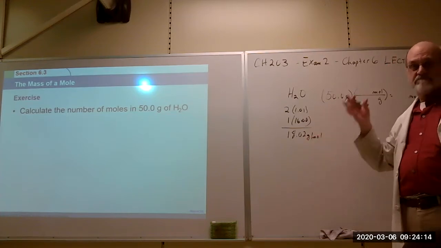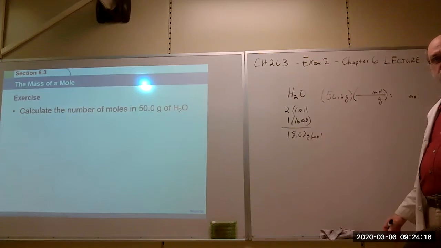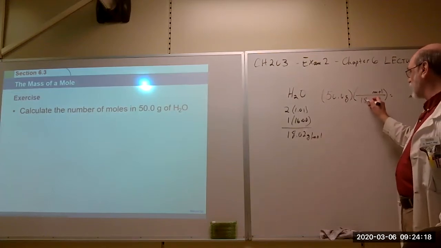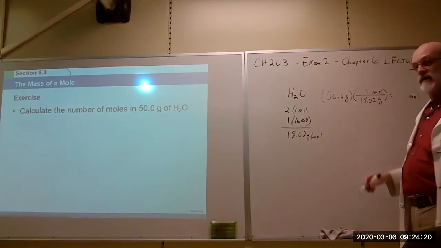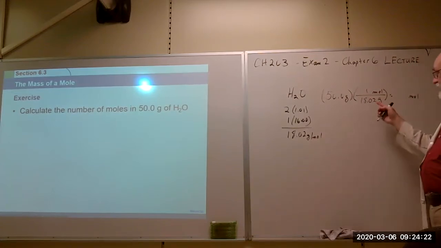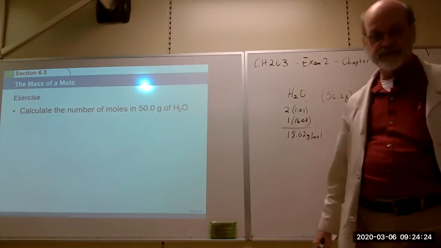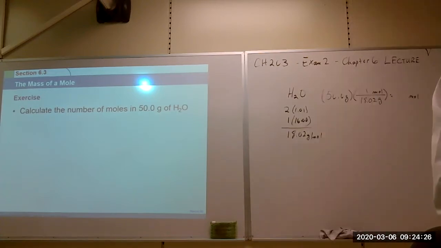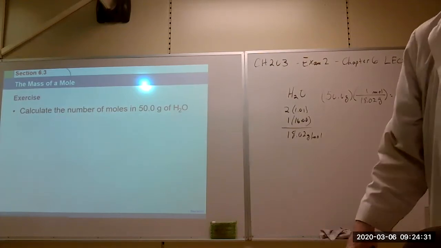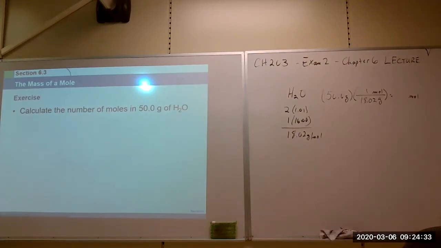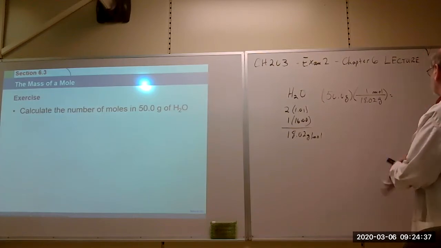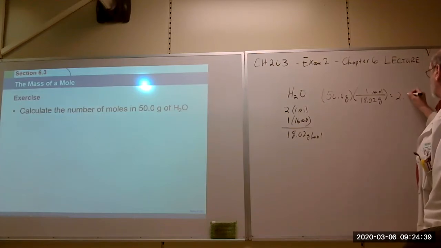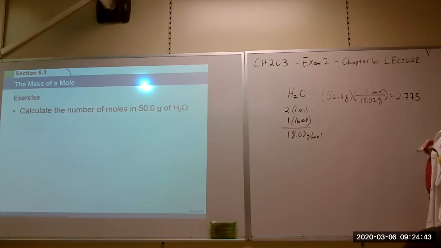So remember, all conversion factors are equal to 1. You can flip that, doesn't matter, it's still 1. Right? So we can put 18.02 on the bottom if we want. And 18.02 divided into 50, I get 2.775 moles.